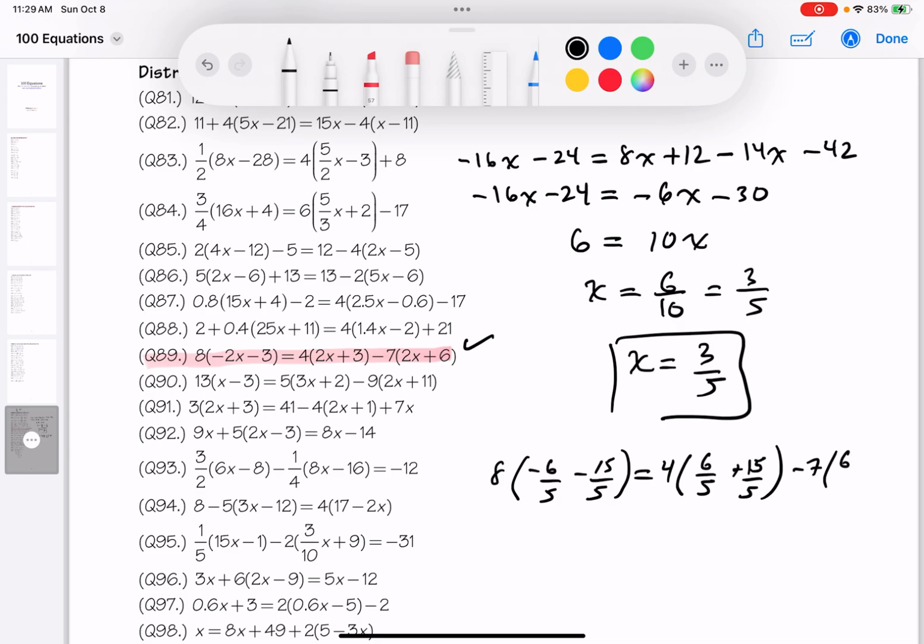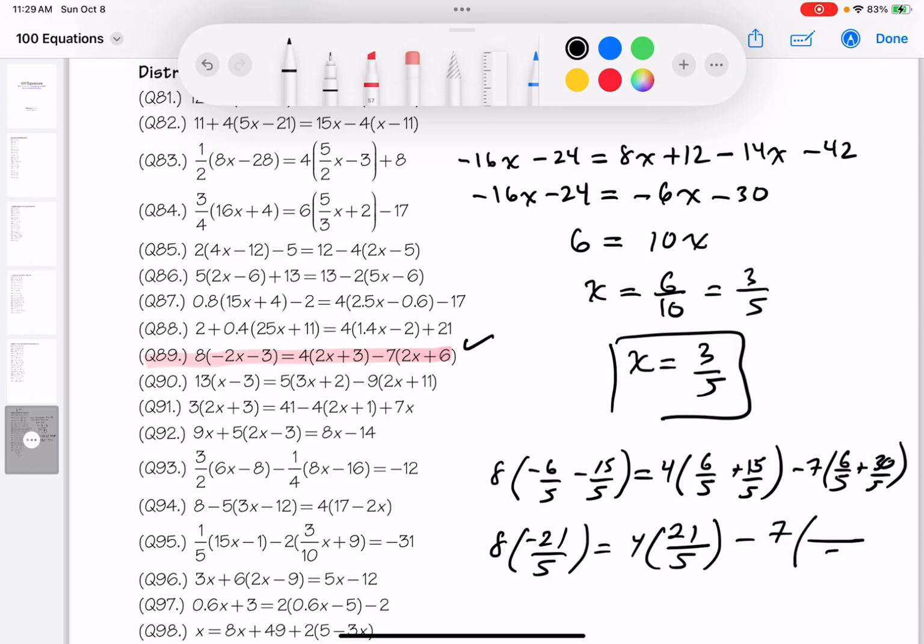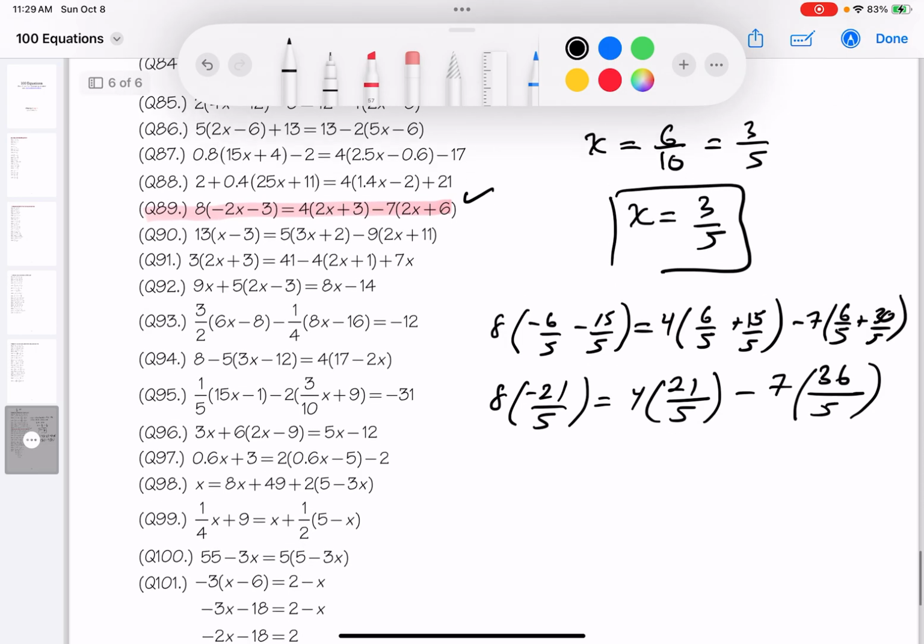You get 6/5. And 6 in terms of fifths is 30/5. Okay, 8 minus 21/5 equals 4. These are fifths. That's going to be 21. And then over here you get minus 7. These are fifths. And let's see what happens over here. That's 36, right? All right, let's keep going.